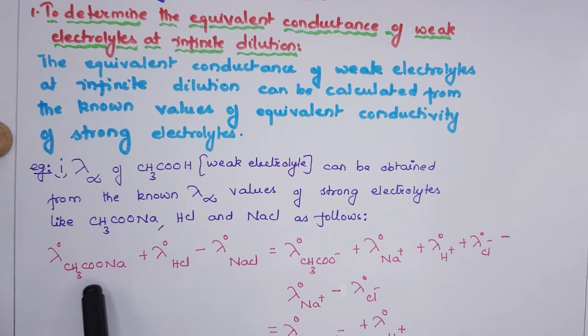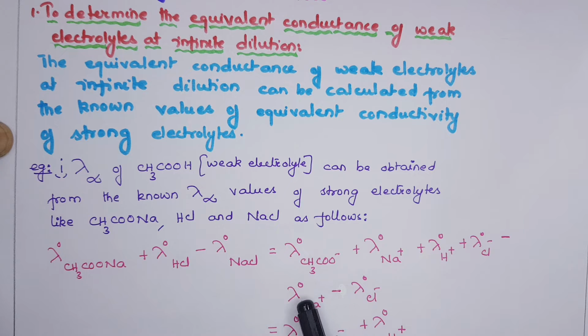This is dissociated into acetate and Na plus. Next, plus lambda naught HCl is written as plus lambda naught H plus lambda naught Cl minus. Next, minus lambda naught NaCl, minus lambda naught Na plus, minus lambda naught Cl minus.